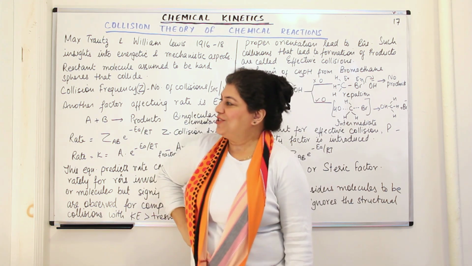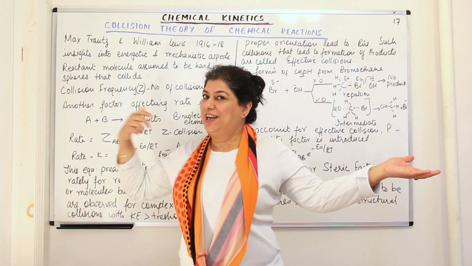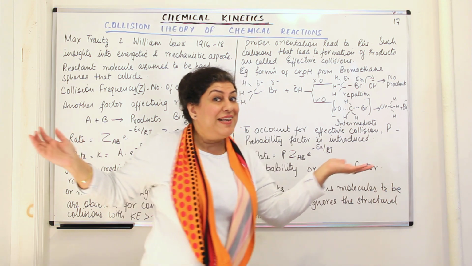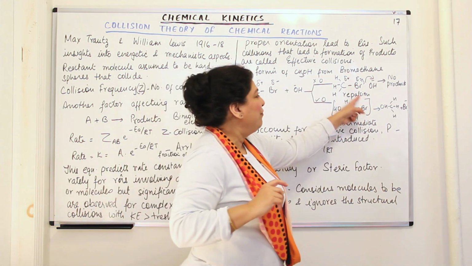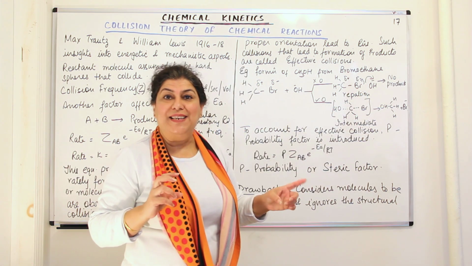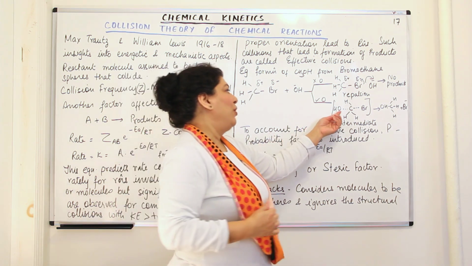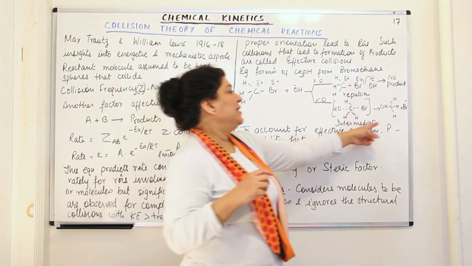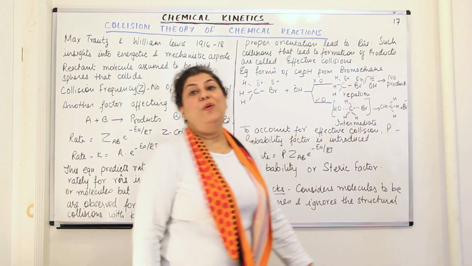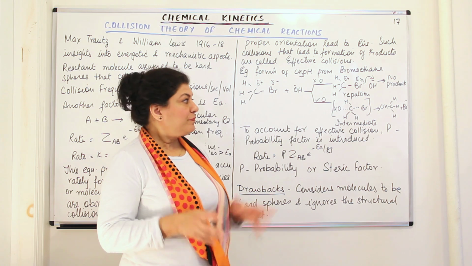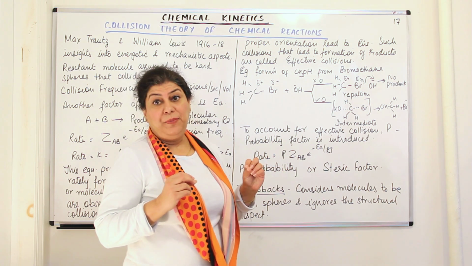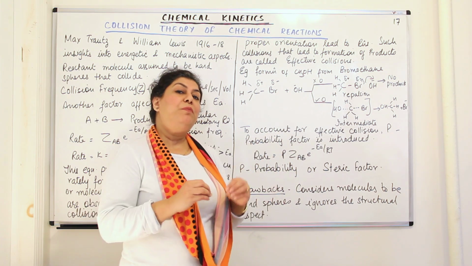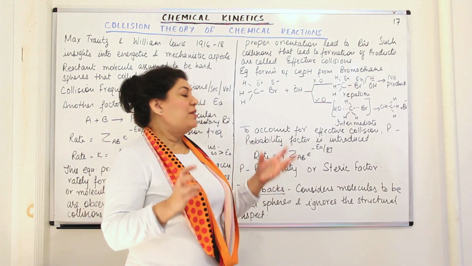So he starts talking to OH negative, and as the friendship with OH negative increases, the friendship with Br negative decreases, and that leads to the formation of an intermediate. And once the intermediate is formed, the Br negative moves away, resulting in the formation of CH3OH, that is methanol, from bromomethane.